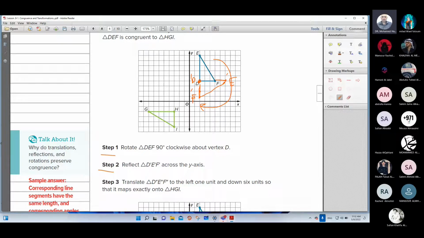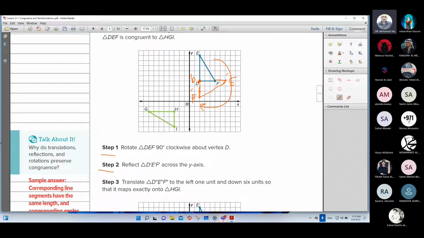In step 3, we translate the triangle D2 prime, E2 prime, F2 prime 1 unit to the left and 6 units down.